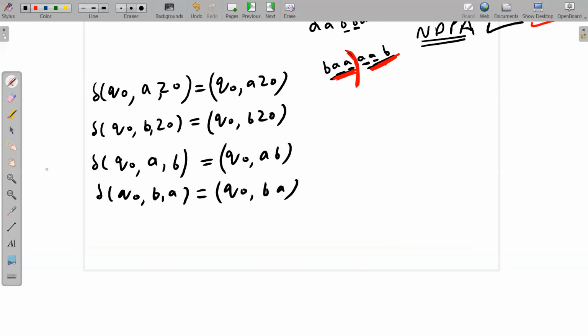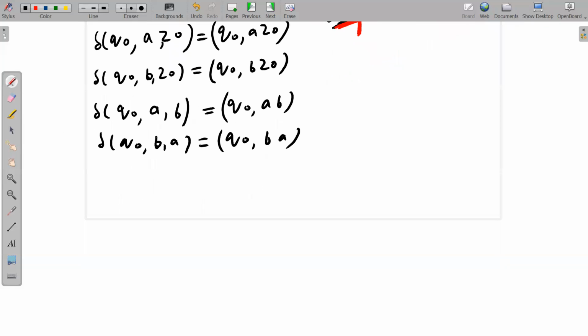There is no problem till now, but now the problem arises with Q naught AA. What does this mean? We have read A from the stack and A from the tape.